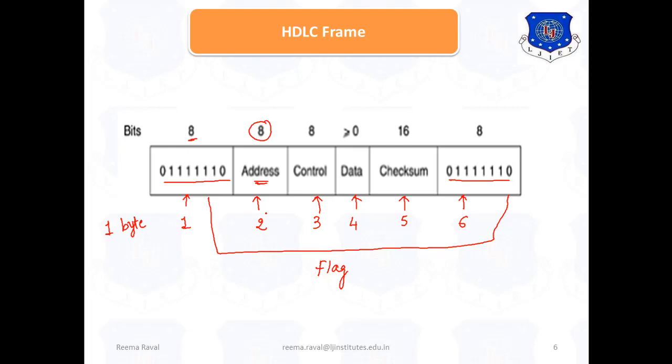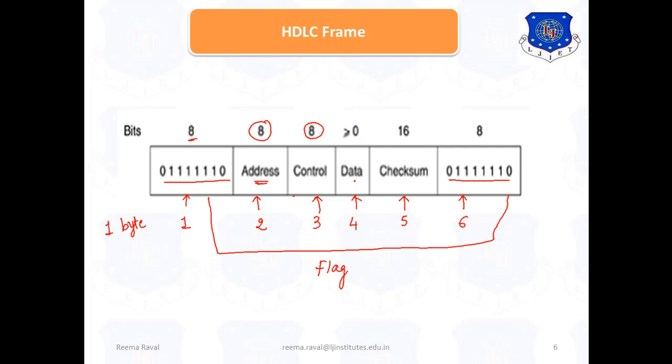The address field may be from 1 byte to several bytes, but here the standard is 1 byte, that means 8 bits. Now the next field is the control field, which is again of 8 bits, that means 1 byte. It is for flow control and error control mechanisms.